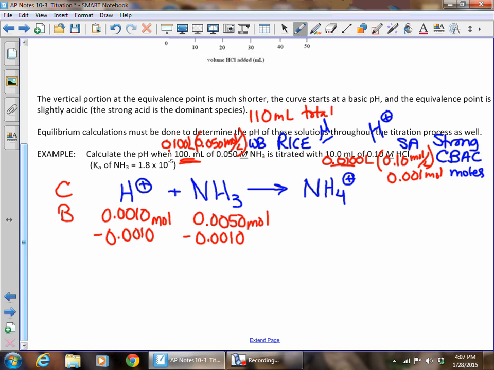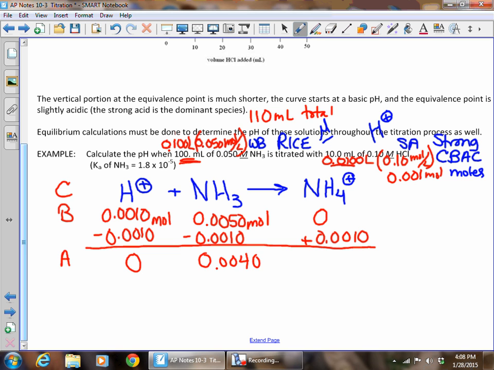So we're going to have that same amount taken away from NH3 and that same amount added to our NH4 plus. So after the reaction occurs, we're going to have 0 H plus left, 0.004 for our NH3, and 0.0010 for our moles of NH4 plus.